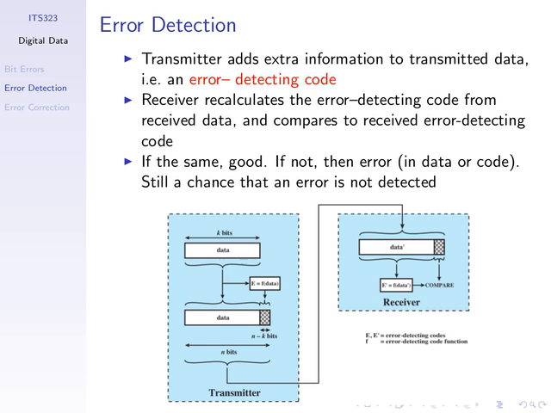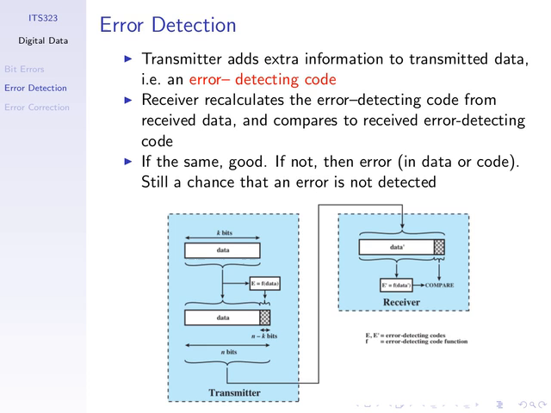So we don't just transmit the data, we transmit the data plus the error detecting code, where the error detecting code is calculated from the data. So we have k bits of data, n minus k bits of an error detecting code, k plus n minus k, a total of n bits transmitted across our link.